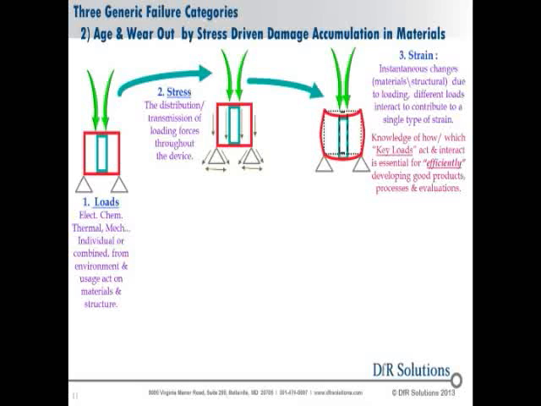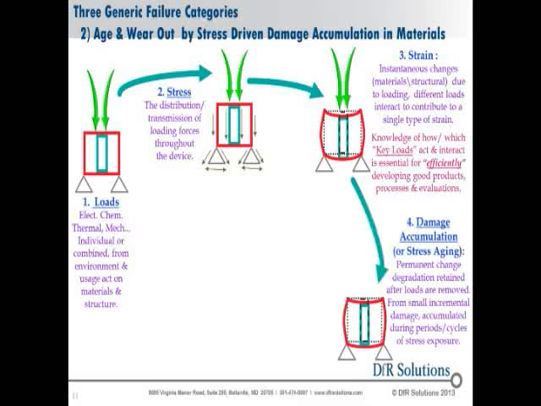And this can be coefficient of thermal expansion and contraction under heating and cooling conditions. It can be elastic compression or stretching under mechanical load conditions. It could be a piezoelectric effect, a number of things. So we want to understand this load, stress, strain condition in the various materials we use to make electrical and electronic devices, whether it's an integrated circuit or a resistor or a circuit board.